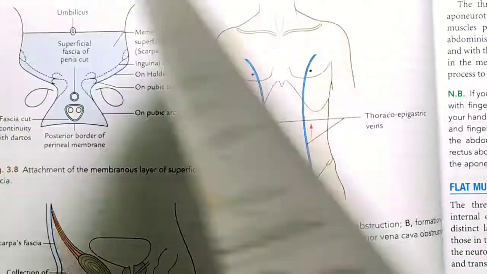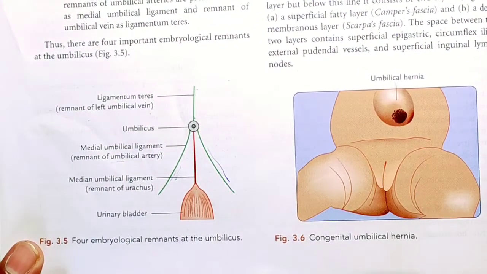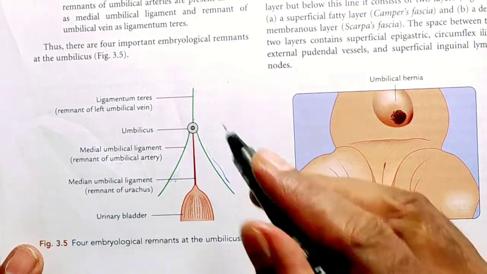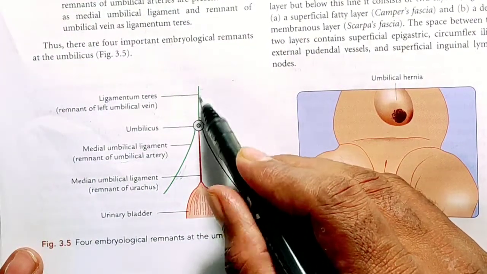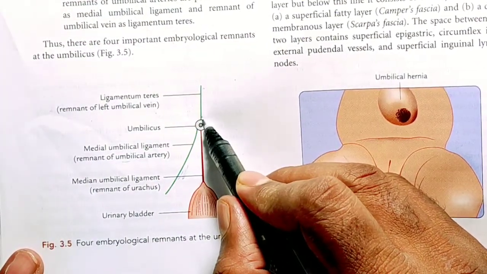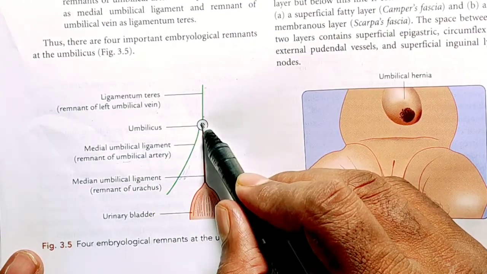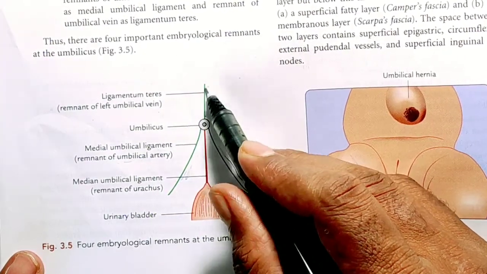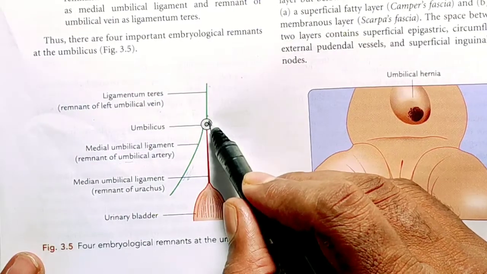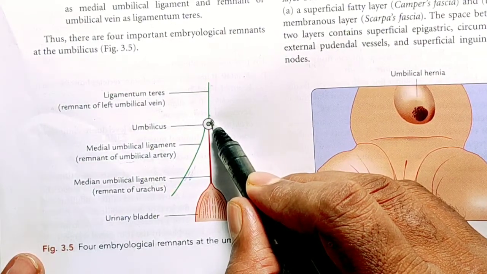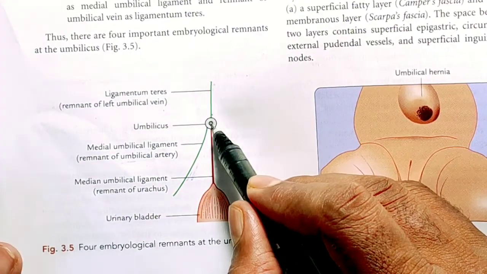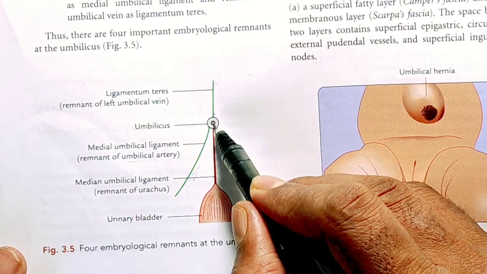Another important anatomical significance related with the umbilicus you can understand from this diagram. Here this is the umbilicus. We know that the left umbilical vein is present in intrauterine life. After the umbilical cord is cut, this umbilical vein forms the ligamentum teres, which is a remnant of the left umbilical vein.